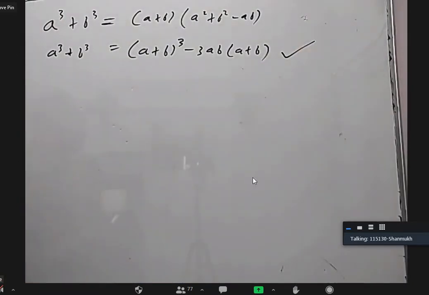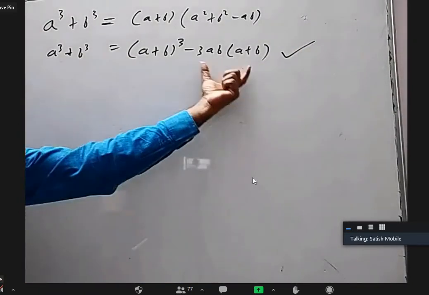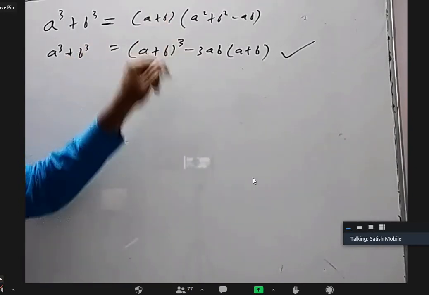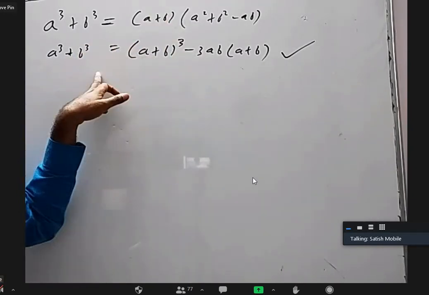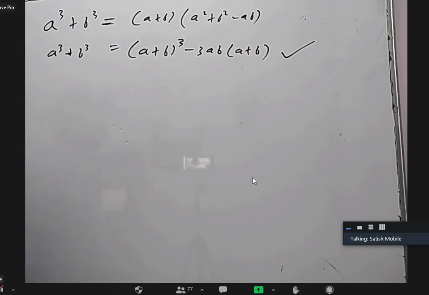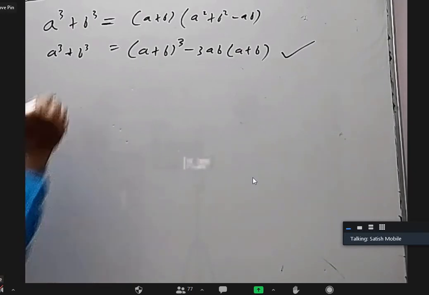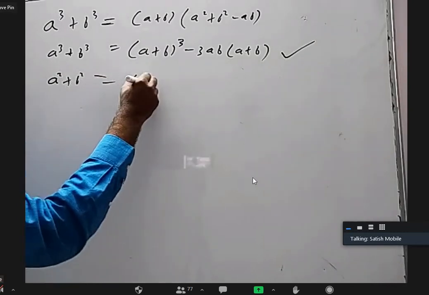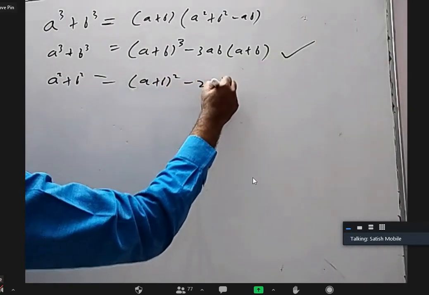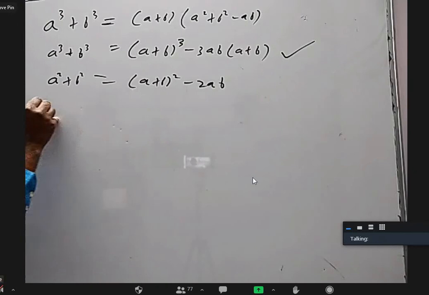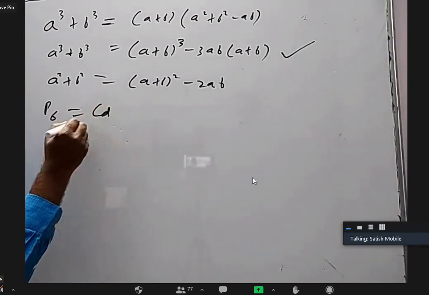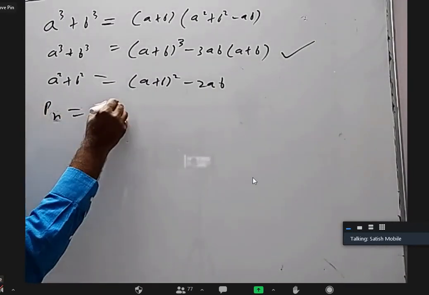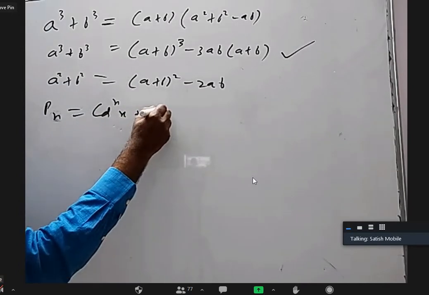Even if you don't know, bring this one here, that is the (a plus b) whole cube formula: a cube plus b cube plus 3ab into (a plus b), or 3a square b plus 3ab square. From that you can take 3ab common. And similarly, I also want to use the formula a square plus b square as (a plus b) whole square minus 2ab. So P6, which they defined Pn as cos power nx plus sin power nx.